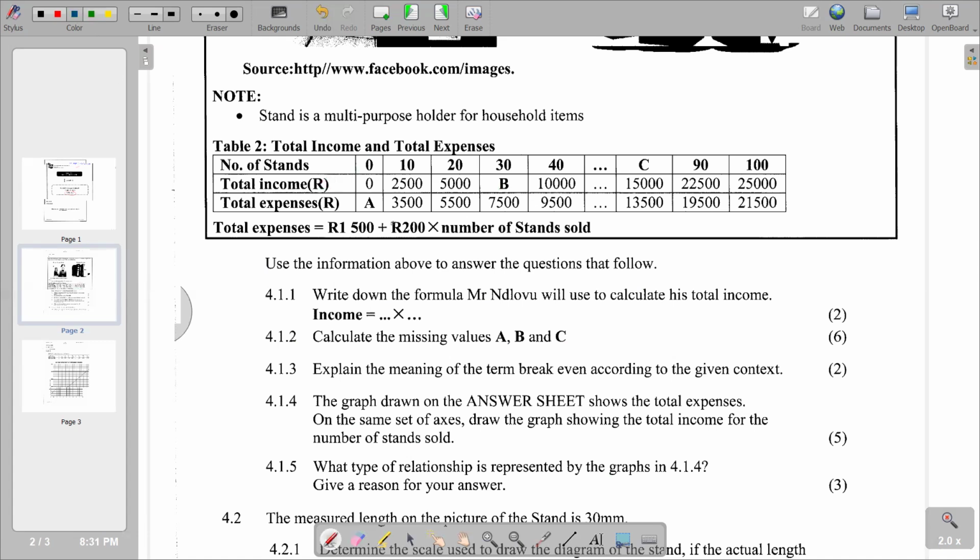So our graph that we need is for total income. And on our total income, we just pick two extreme coordinates.